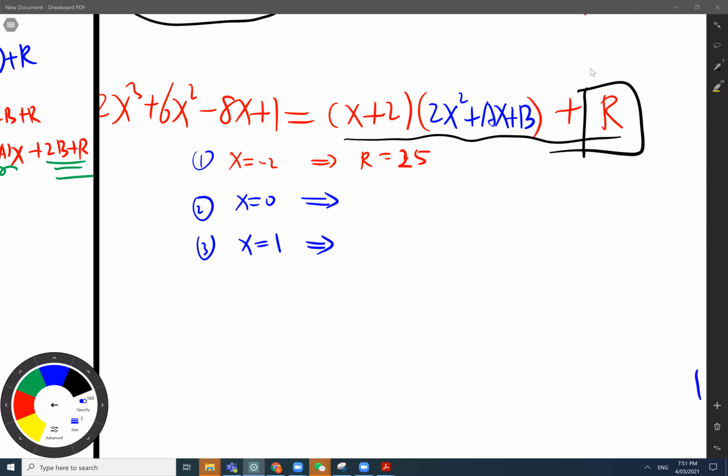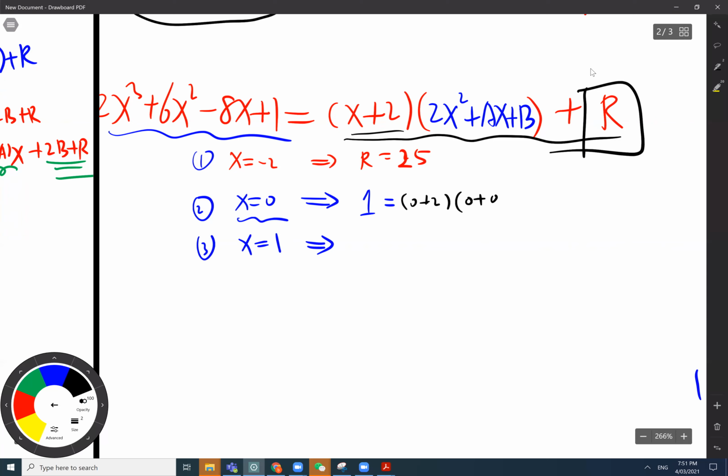Hello guys, if x equals 0, what's the left-hand side? Leo. The remainder. Oh, if x equals 0, this side is just 1. The other side is 0 plus 2, 0 plus 0 plus b plus 25.